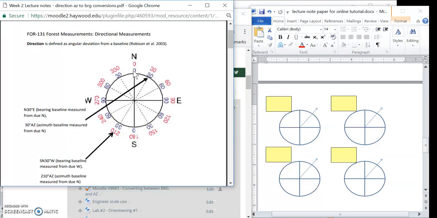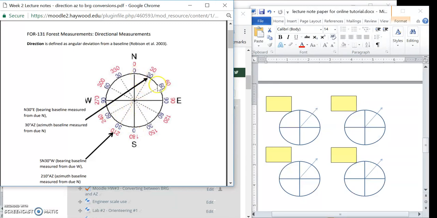North, just like in your hand compass, which is a bearing and it's in quadrants, has 2 starting points. I either read from due north and turn an angle to the east, or I start due north and turn an angle to the west, or I start at due south, turn an angle to the east, or start due south and turn an angle to the west.